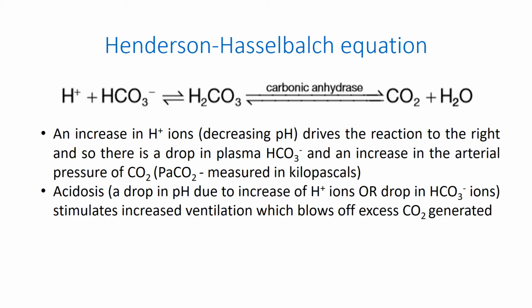So there's a drop in the plasma bicarbonate and an increase in the arterial pressure of carbon dioxide, measured in kilopascals or millimeters of mercury. This acidosis, a drop in pH, either due to an increase of hydrogen ions or a drop in bicarbonate ions, actually stimulates increased ventilation, which blows off the excess carbon dioxide generated.